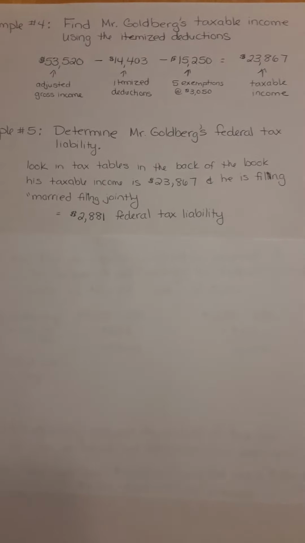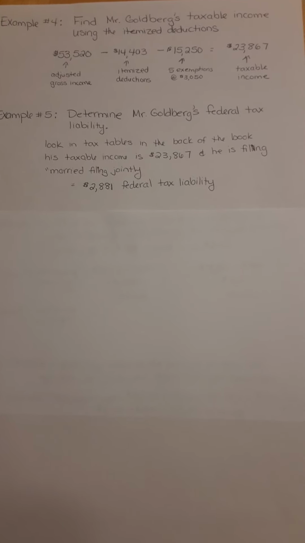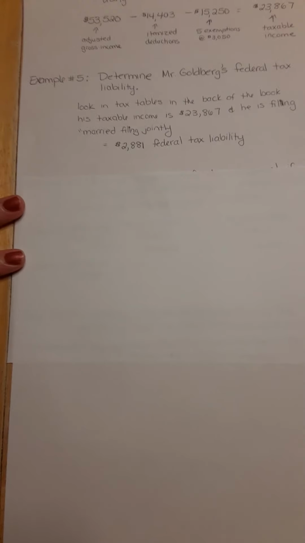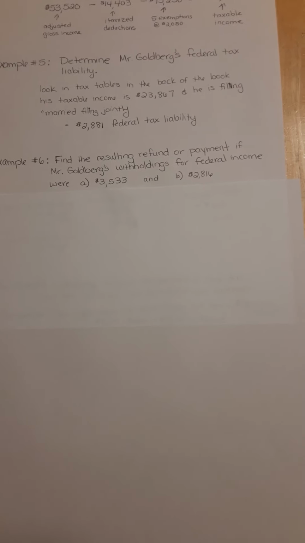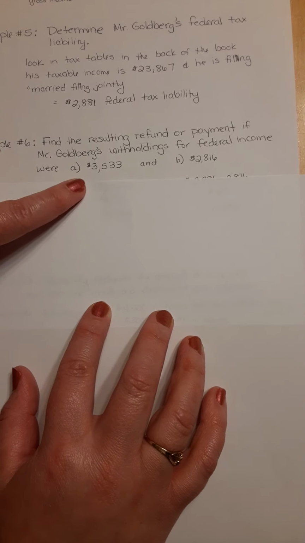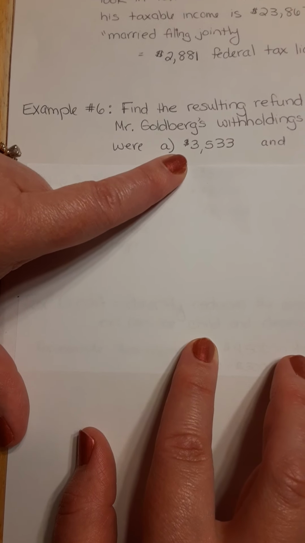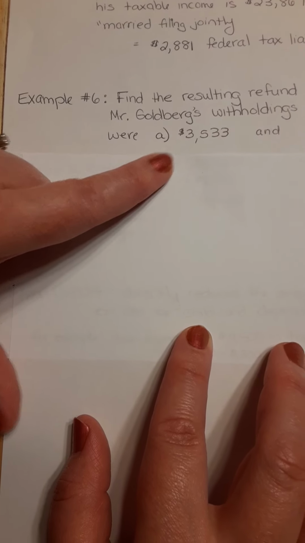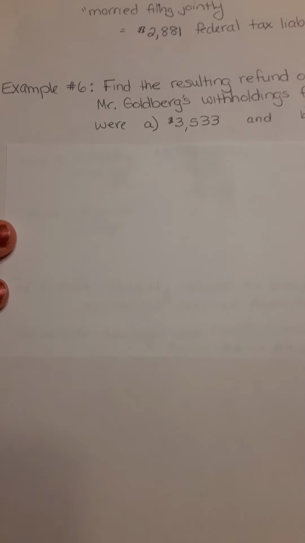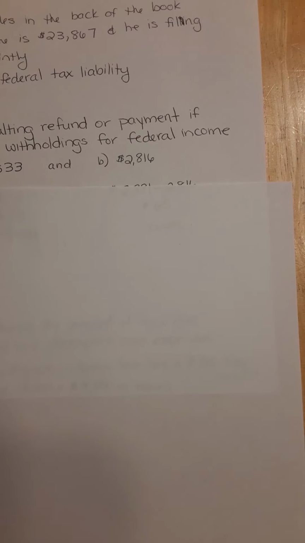That is how much is owed to the federal government. Now, from there, we go on to problem number 6 to see, does Mr. Goldberg actually owe money to the federal government, or does he get a refund? So just like the last problem, they're giving us 2 options. Let's say in one circumstance, case A, Mr. Goldberg actually had $3,533 taken out of his paycheck in taxes for the year. And in the second case, he only had $2,816 taken out.